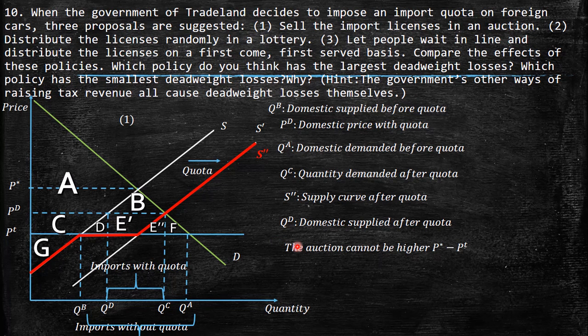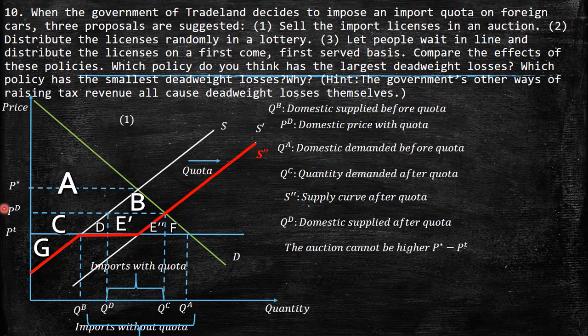So for the first situation, the auction, it's important to take into account that the difference PSR minus PT is going to be the maximum price that can be paid by license holders, because remember, the license holders win the benefits, the difference between the world price and the price they take from the market.